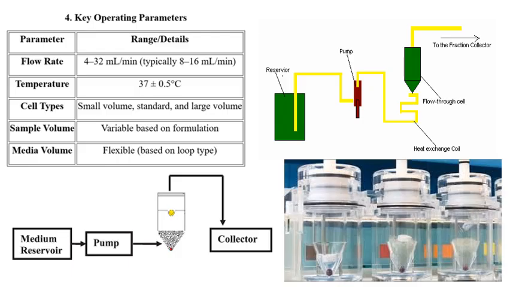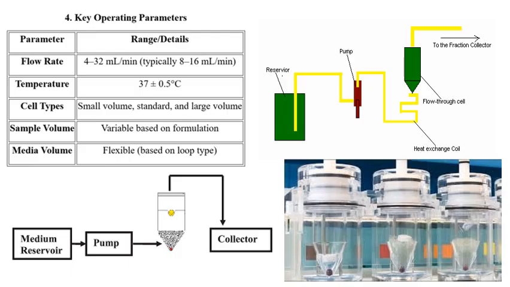As you can see here, there is a media reservoir and a pump to force the dissolution media through. It goes to the flow cell and comes in contact with the formulation. Then it goes to the fraction collector.